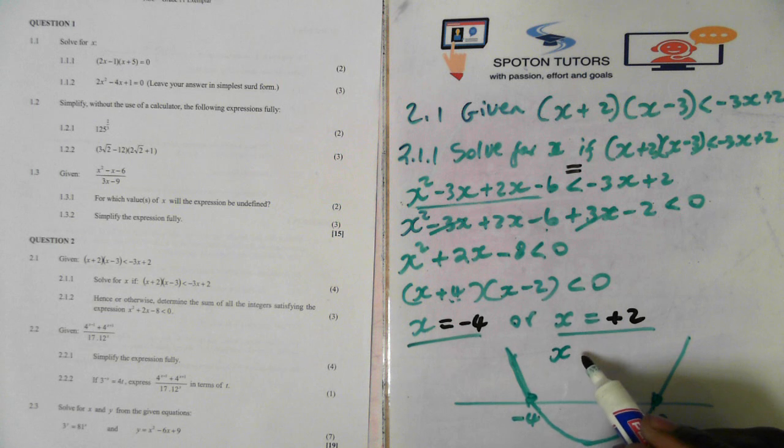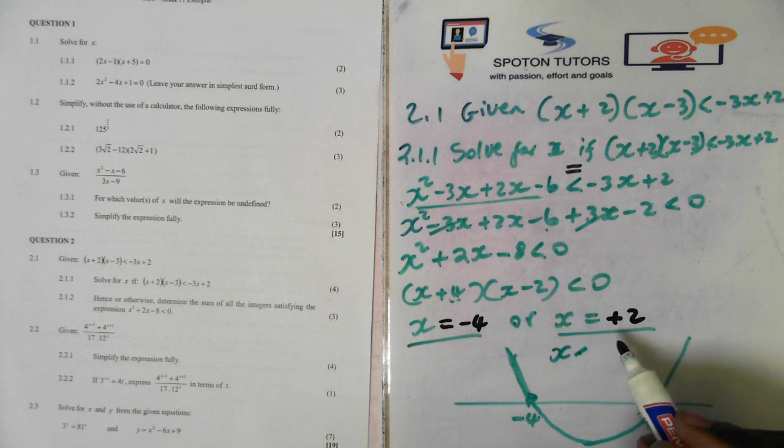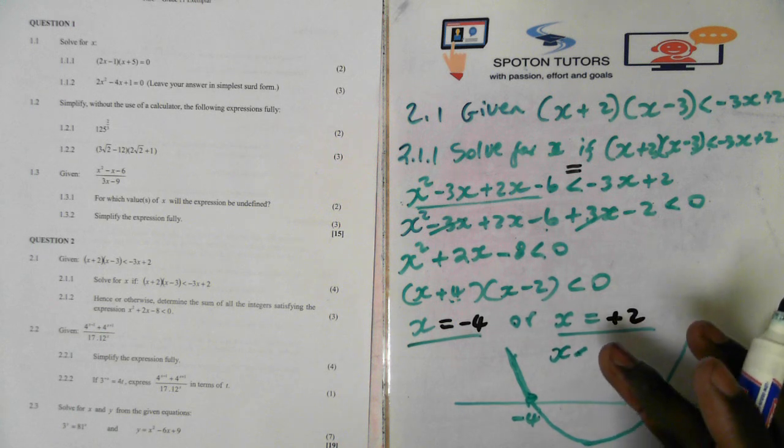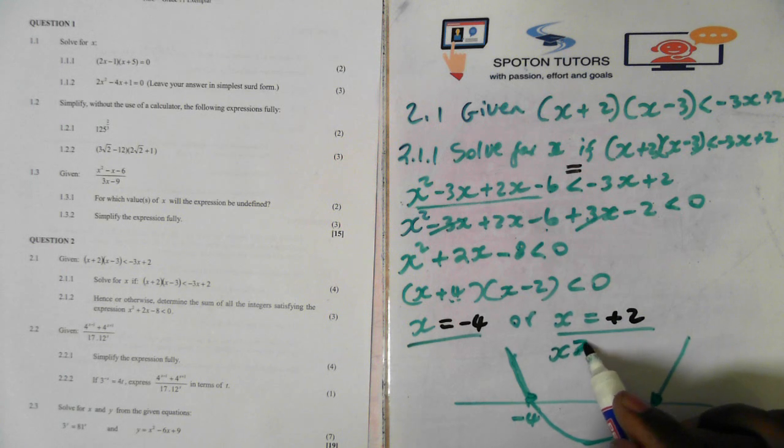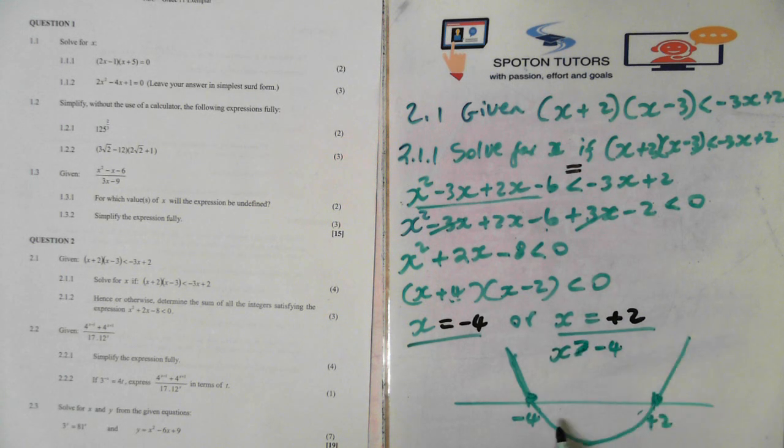So x is greater than -4, which means it goes to this side, and x is less than +2. That's what this graph means.